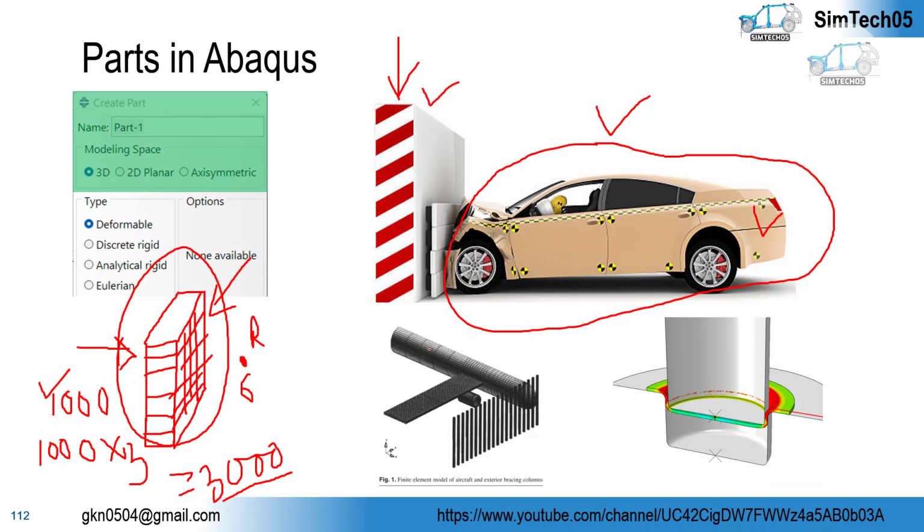In another perspective, you can understand it like an airplane going to hit a wall of a building. People do such simulations nowadays. In the previous case, the wall component was not important for us, so we considered it a rigid component. But in this case, we cannot do that, because we are interested in seeing the results on the pillars of the building.